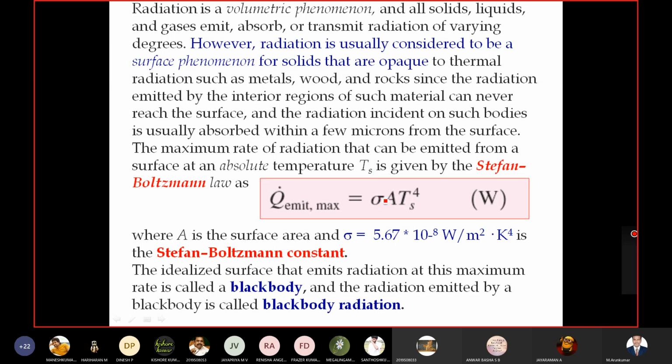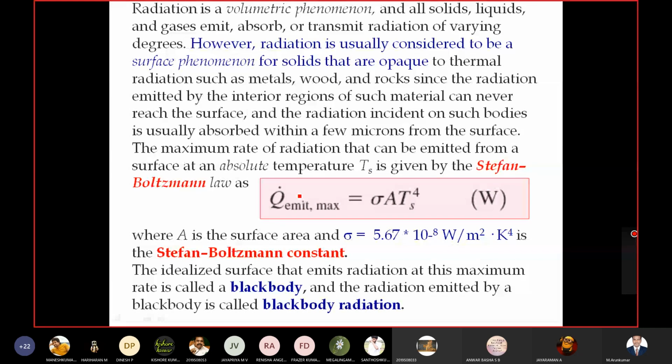So we can use this formula, the Stefan-Boltzmann law, to calculate the heat transfer in the process of radiation. Here, as usual, A is the surface area, and sigma is the Stefan-Boltzmann constant, that is 5.67 times 10 to the power minus 8 watts per meter square Kelvin to the power 4.